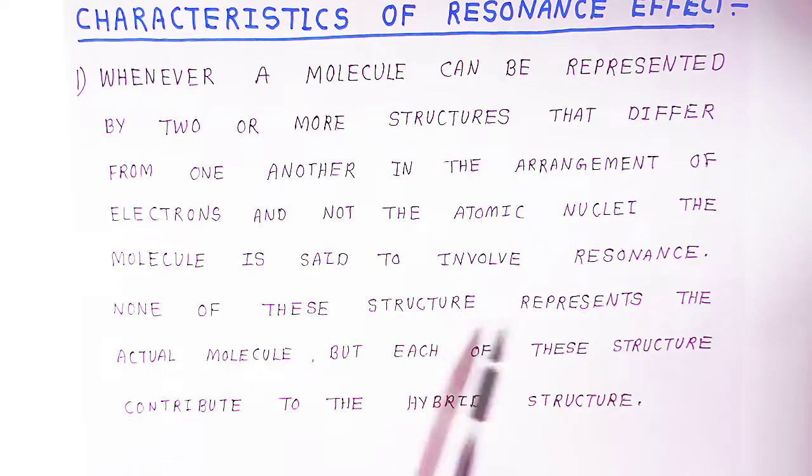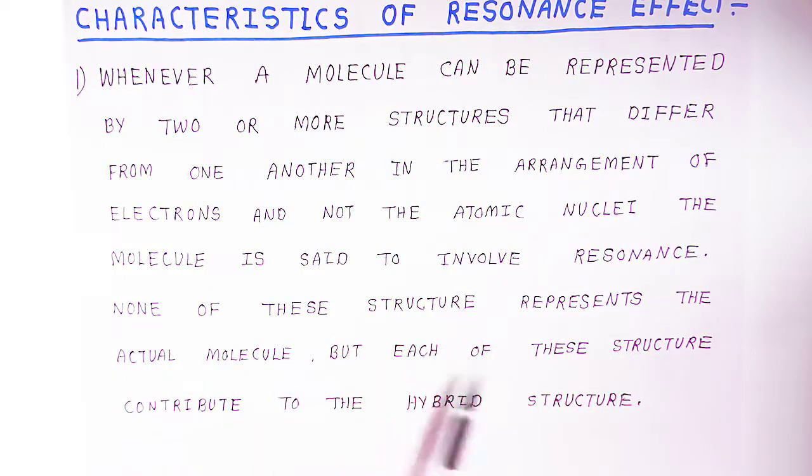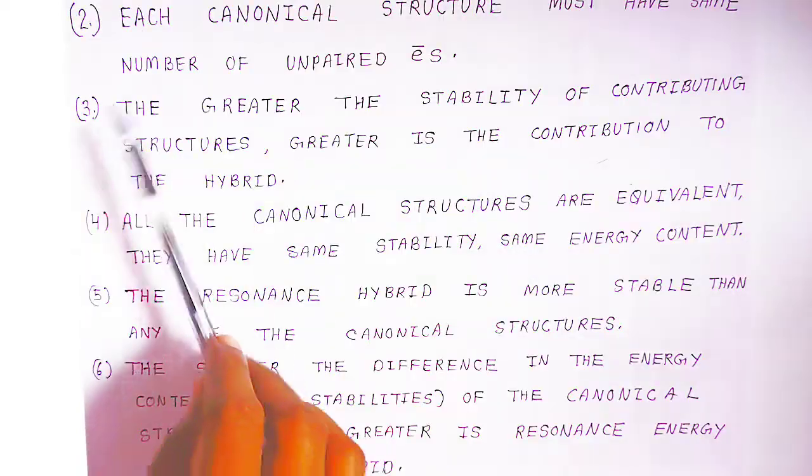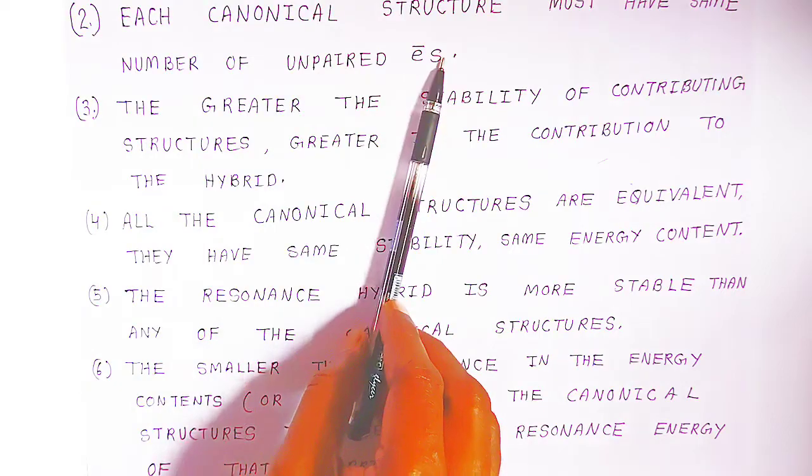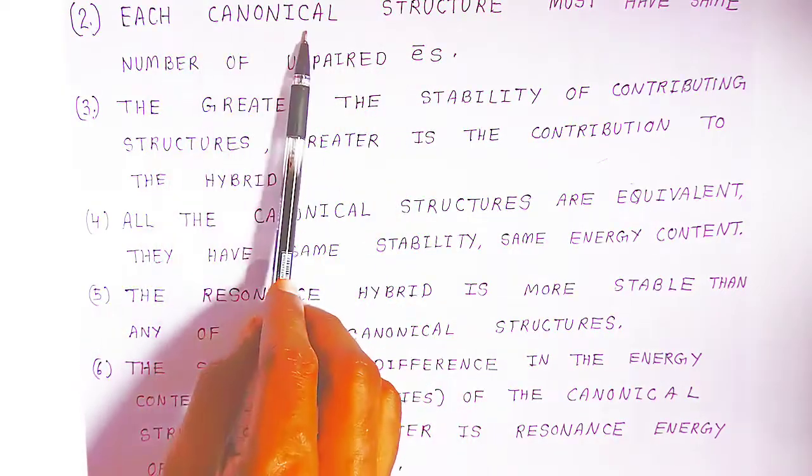None of these structures represents the actual molecule, but each of these structures contributes to the hybrid structure. Each canonical structure must have the same number of unpaired electrons. So these are the characteristics of resonance systems.